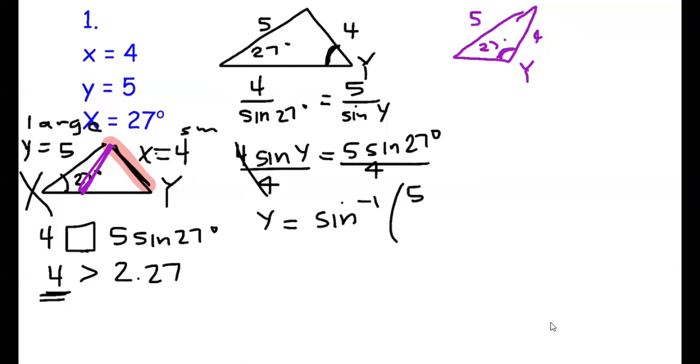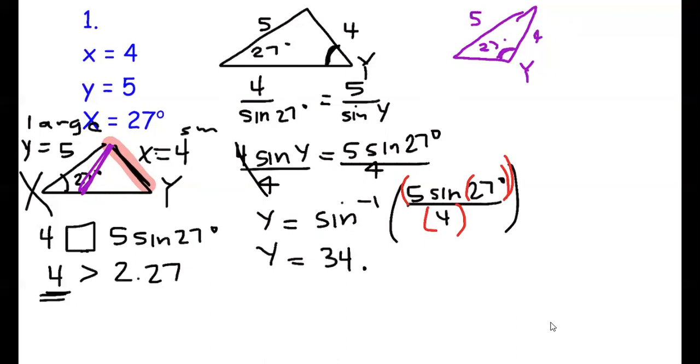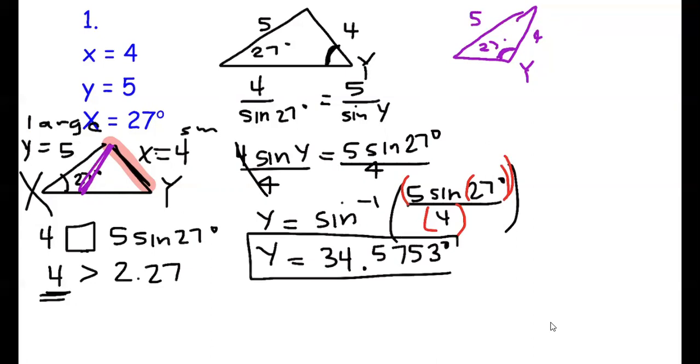So it's the inverse sine of 5 times the sine of 27 degrees over 4. And we do need to plug that into the calculator. I strongly recommend you have parentheses here. I would put parentheses around the whole top and parentheses around the whole bottom as you plug those into your calculator. And I get that acute angle is 34.5753 degrees. Okay. All right, and we're going to use that for our second case in a little bit, okay?